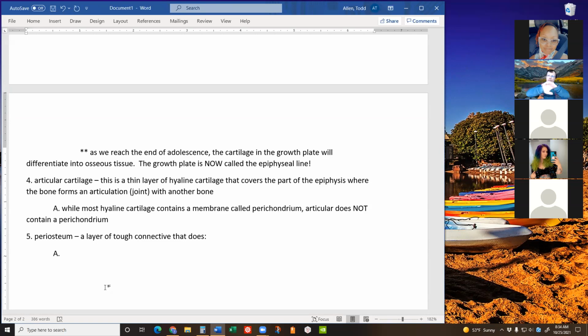So the periosteum is a membrane that basically wraps around the surface of your bones, and it is made of tough connective tissue. It acts as an attachment point for tendons and ligaments.